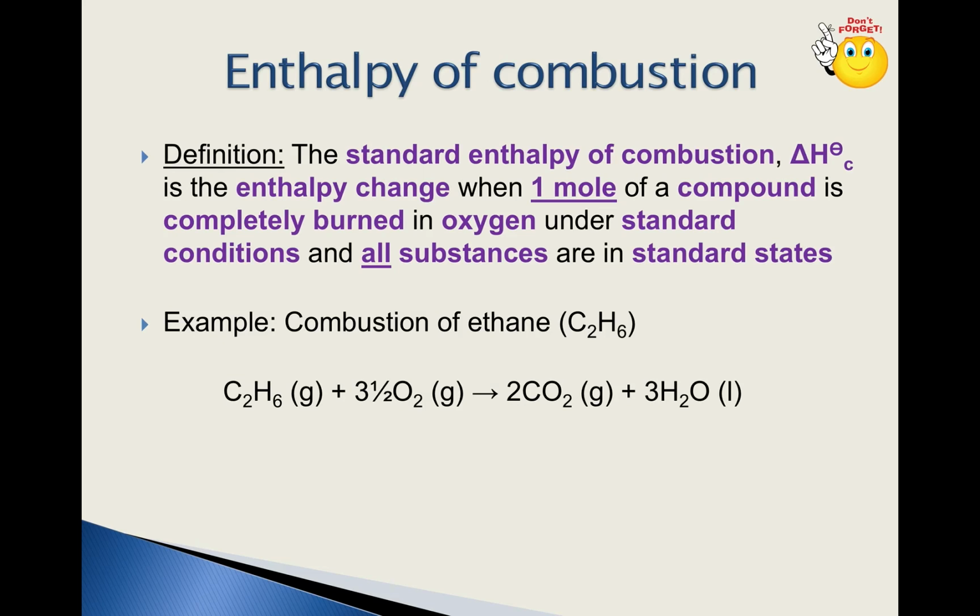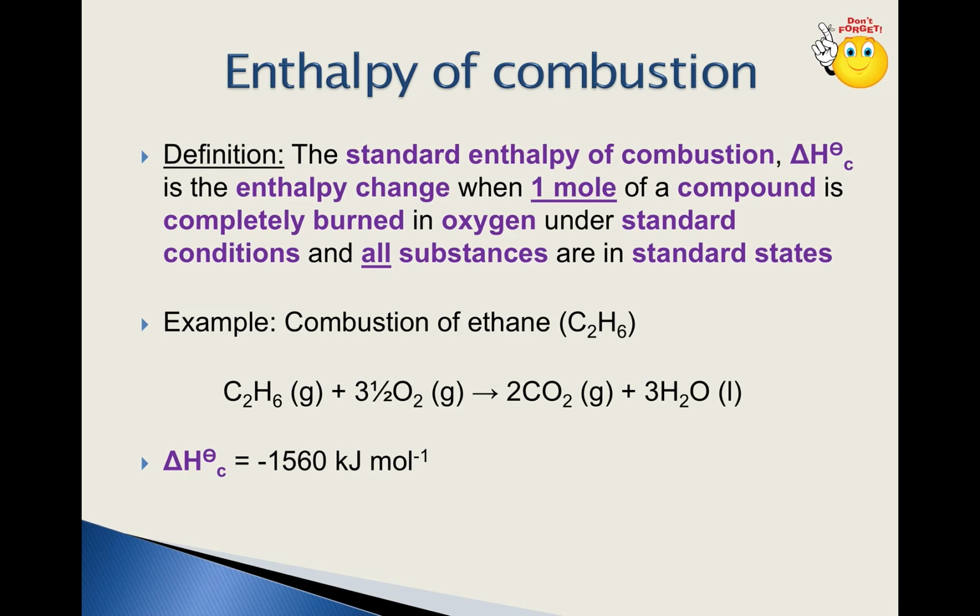So again, key things we're looking for: 1 mole of compound, it's completely burnt in oxygen, so the products are carbon dioxide and water, and we're putting the substances in their standard states. So ethane is a gas, oxygen is a gas, carbon dioxide is a gas, and water is a liquid. The enthalpy of combustion for combusting ethane is minus 1560 kilojoule per mole.